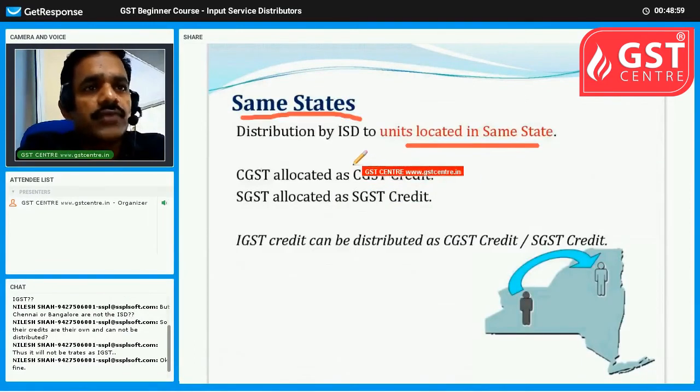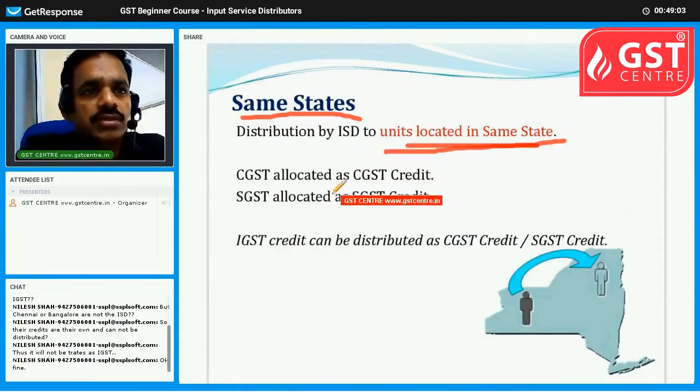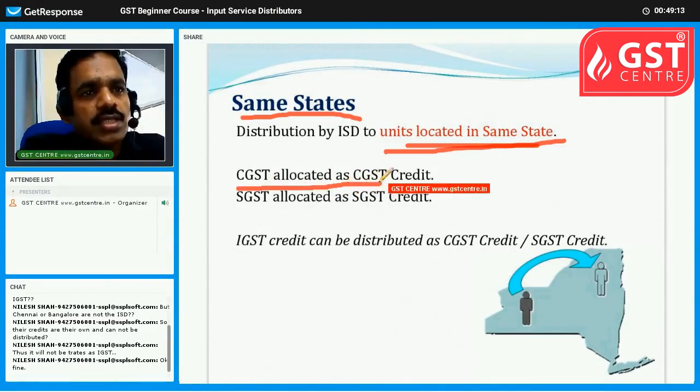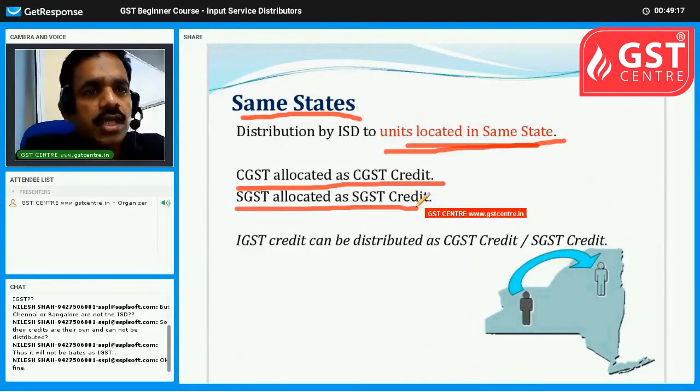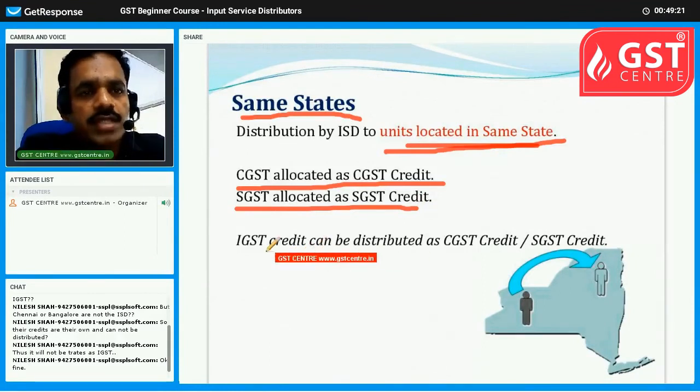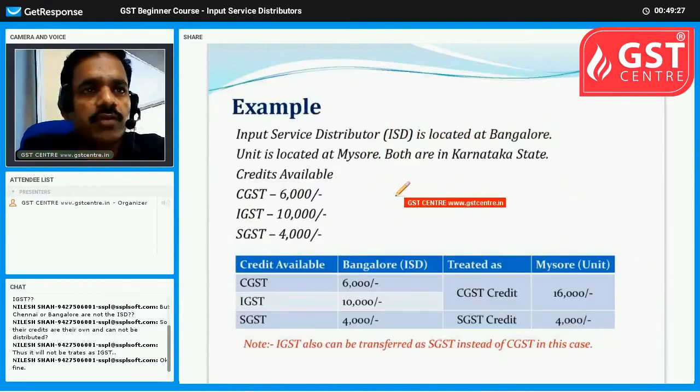So in the case of units located in the same state, that means both the input service distributor and the unit are located in the same state, CGST is allocated as CGST credit and SGST is allocated as SGST credit. That is, IGST credit can be distributed as CGST credit or SGST credit as usual. And we will see one example.